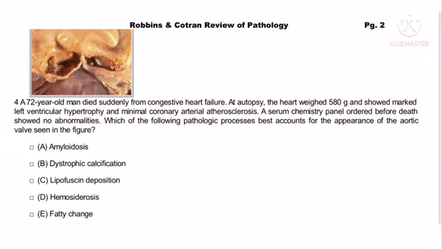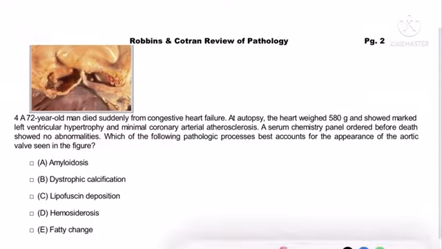Here the points you need to pick are: first, left ventricular hypertrophy; second, the patient has coronary arterial atherosclerosis; third, the serum chemistry panel showed no abnormality, and they gave an aortic valve in the figure with some lesions.